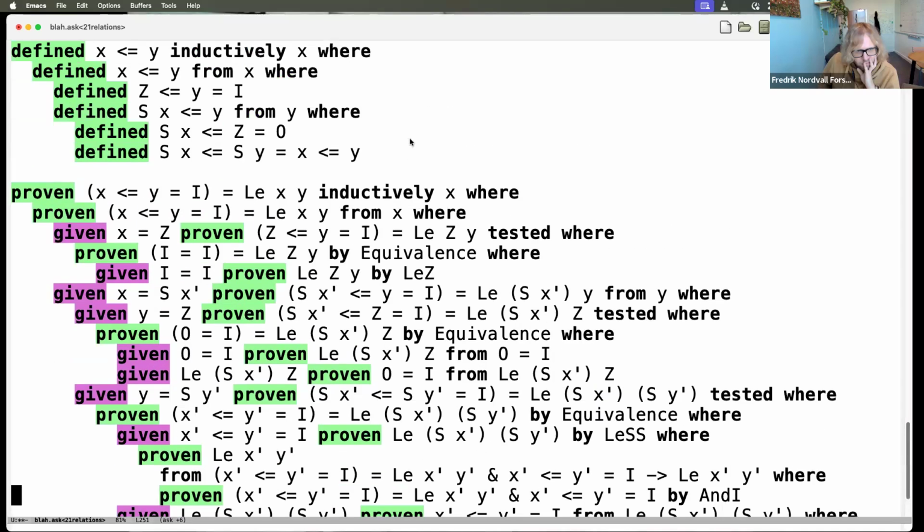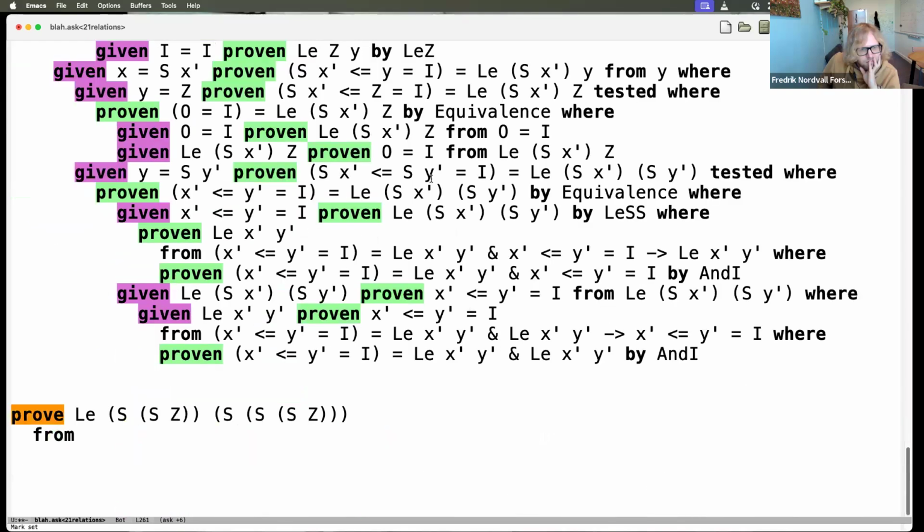Ooh, if Zoom will let me pick it up and drop it. Copy that and put it there. And copy that and put it there. So I'm going to use the implication this way around.